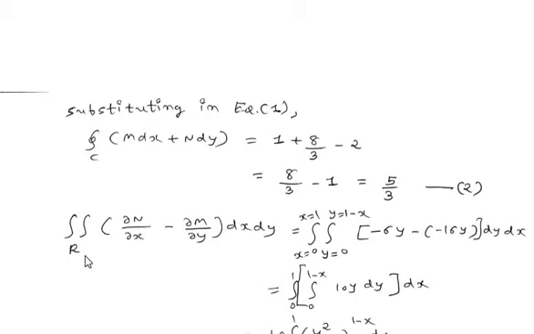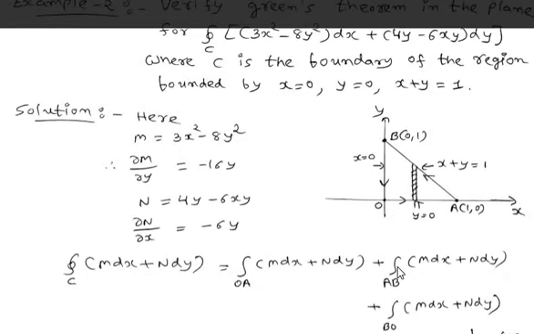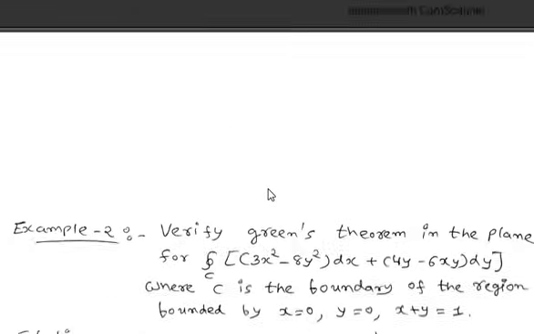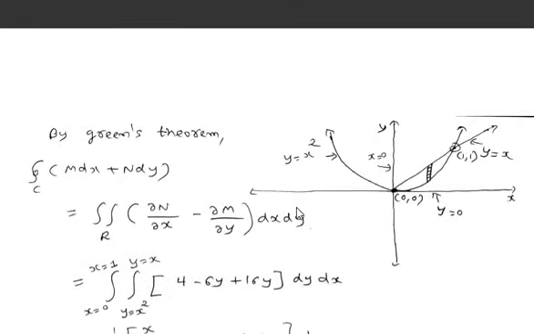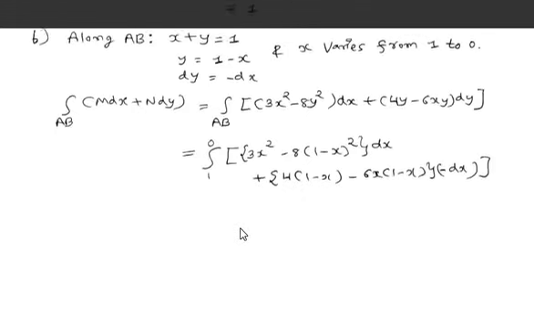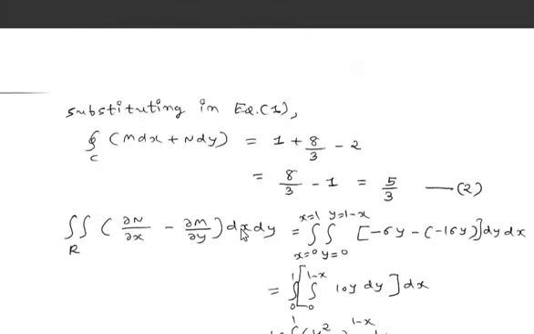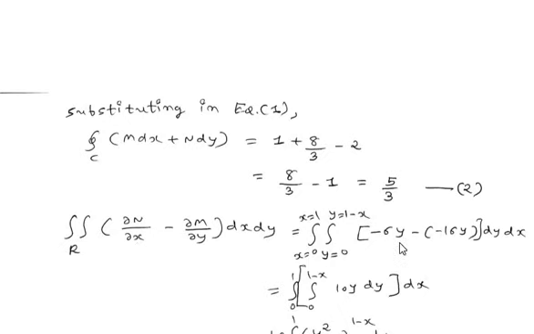Now we will apply Green's theorem: double integration of (del N by del x minus del M by del y) dx dy over the given region R. Del N by del x is minus 6y.